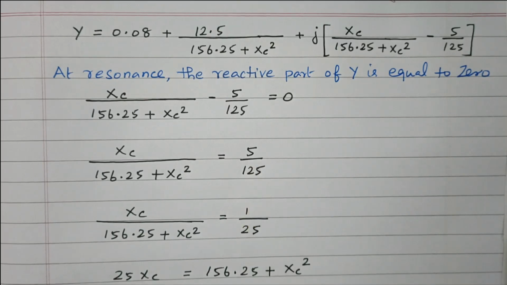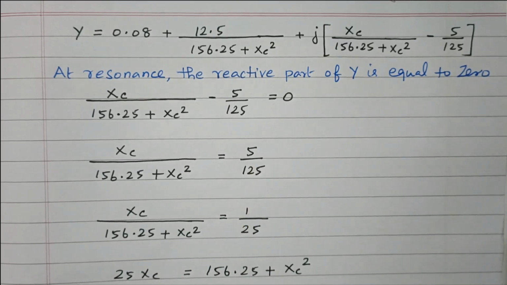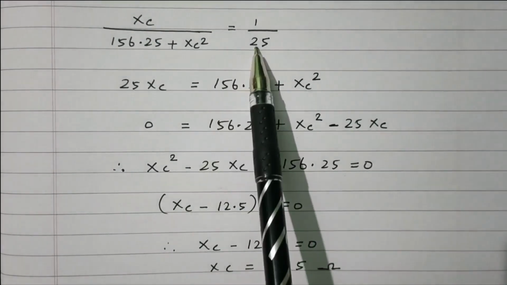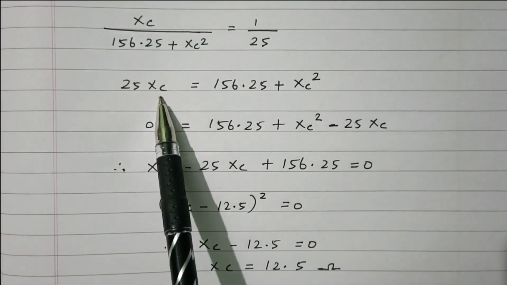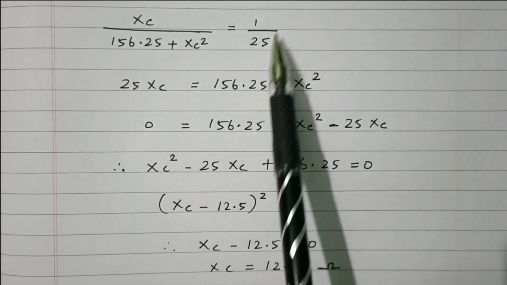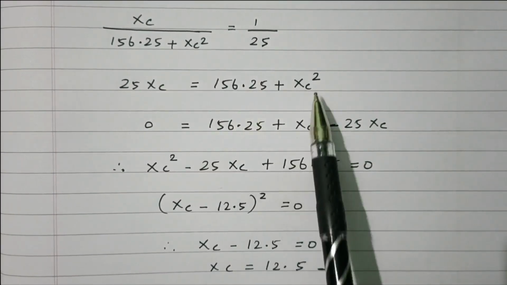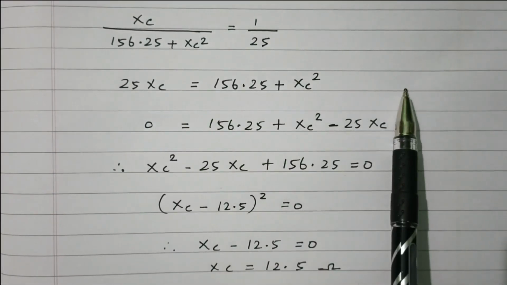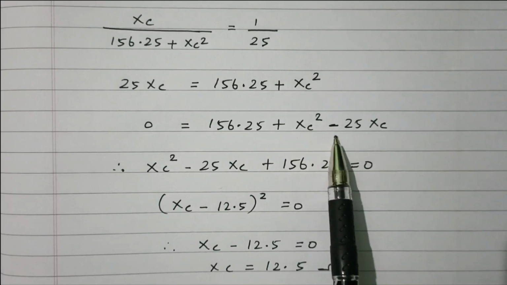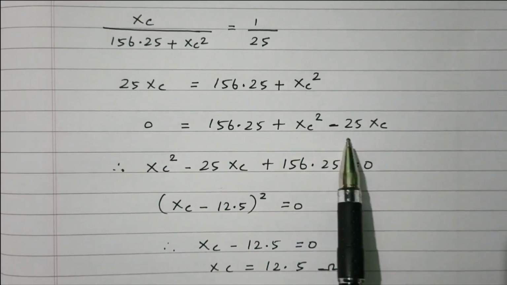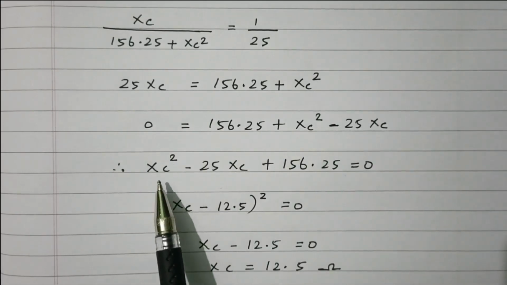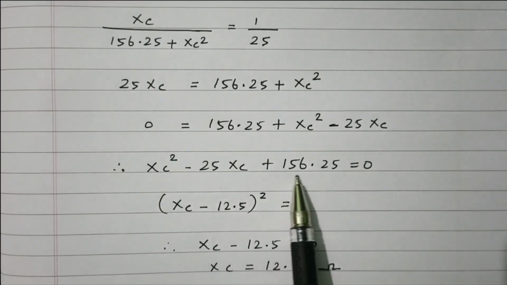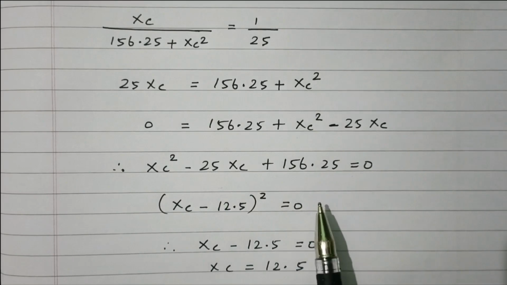Now we'll cross multiply the terms for further simplification. So it becomes 25 Xc equal to 156.25 plus Xc square. Bring this 25 Xc to that side, so it becomes minus 25 Xc, equal to 0. So it can be written as Xc square minus 25 Xc plus 156.25 equals 0.